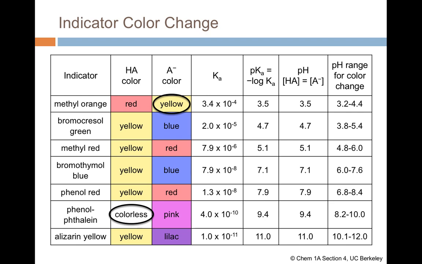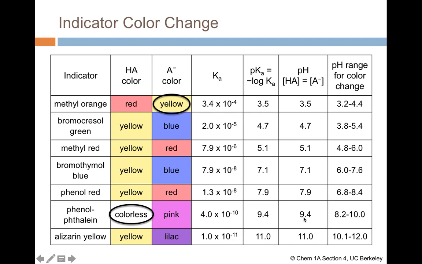If it remains colorless, that tells you that there's an excess of HA, because HA of phenolphthalein is colorless, which tells you that the pH of your unknown solution is below 9.4.